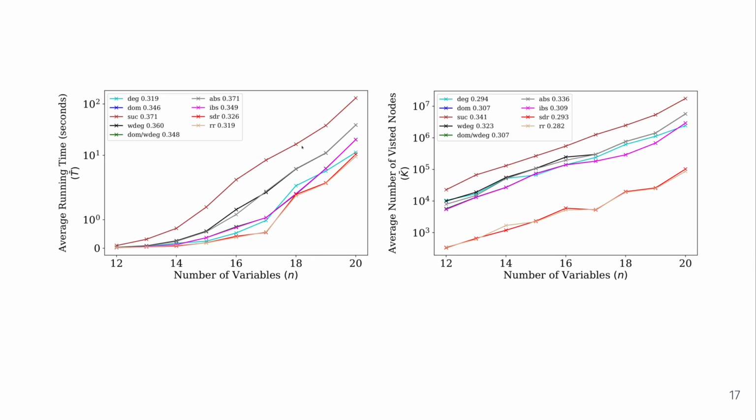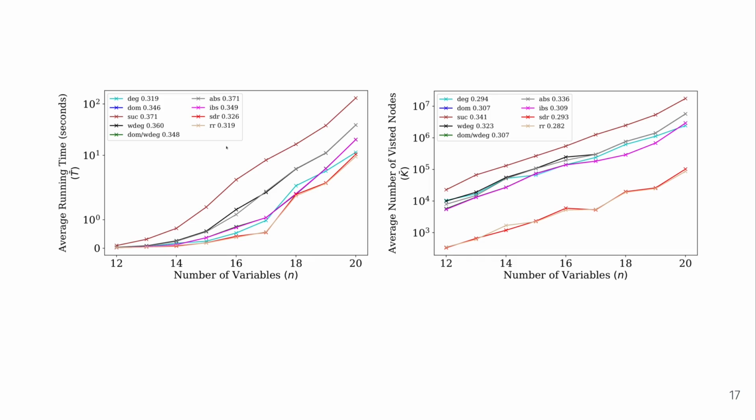Here, the lower the curve is, the more efficient the algorithm is. Here, the SDR and R are at the bottom compared with other algorithms. And the trend, if we look closely, the slope is actually smaller than the other algorithms.